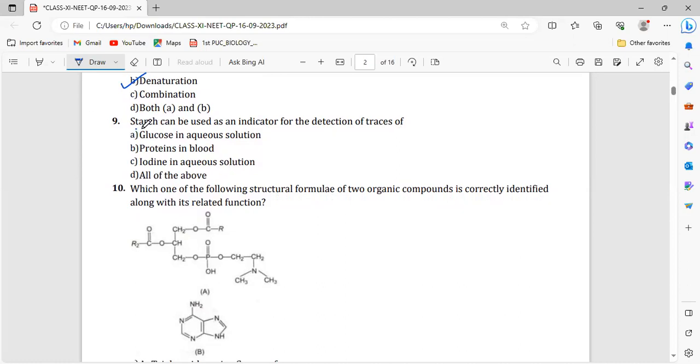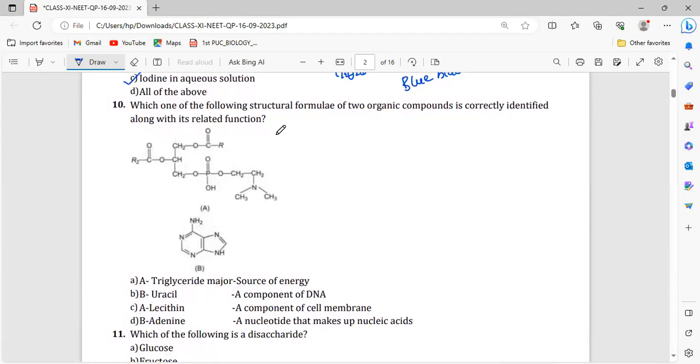Starch has a helical structure. In this helix, it will hold iodine molecules. Because it can hold iodine molecules, it will give a blue-black color. If iodine is present, it gives a blue-black color. If there is no iodine, it will not give any color. So this can detect the presence of iodine.